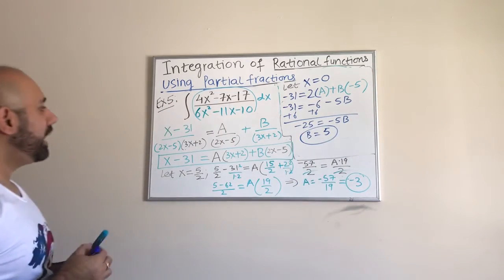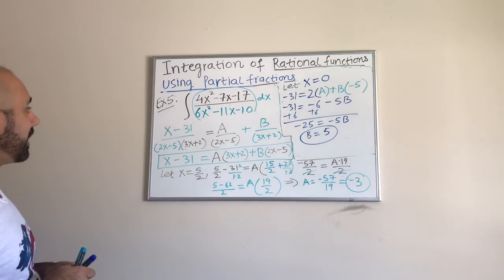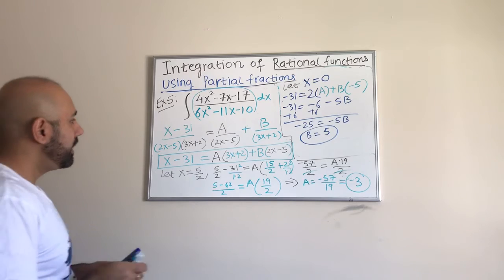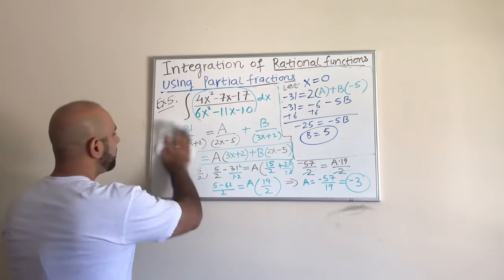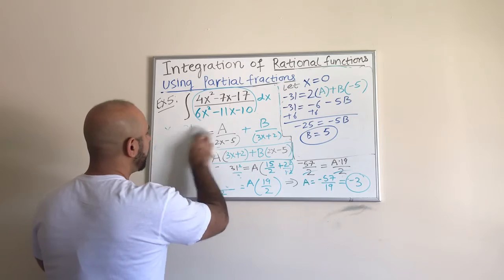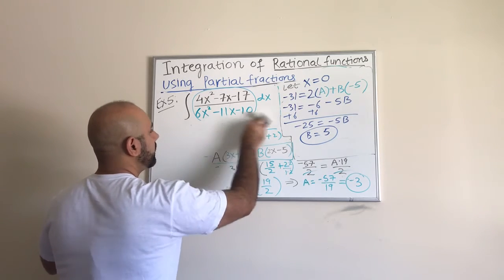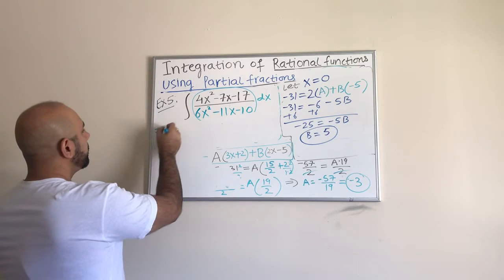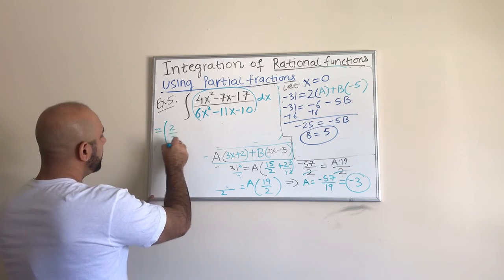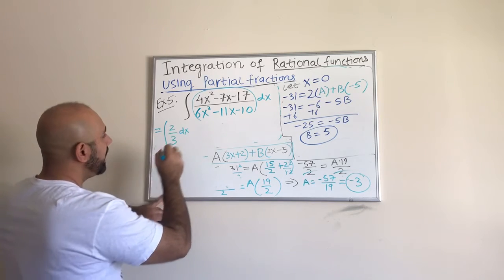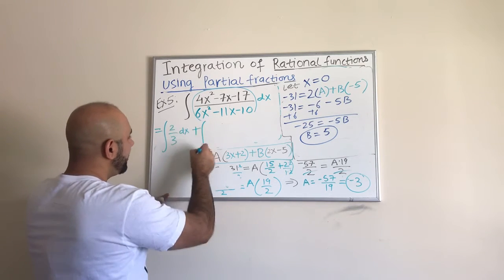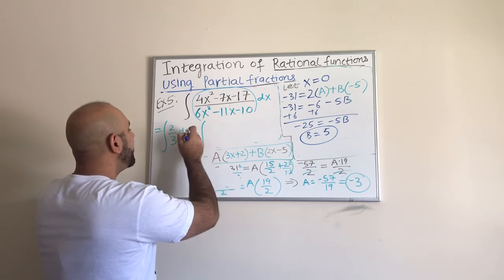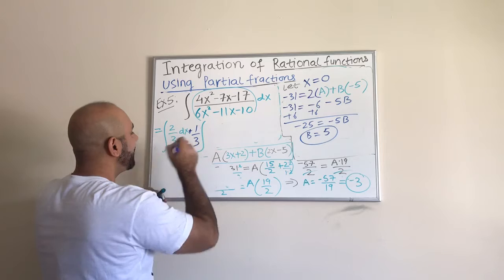Guys, I have my value for a, I have my value for b. Let us bring it all together and then try to evaluate the integral. So a and b are already known. Let us get back here. I'm going to bring in that 2/3 as well. So this is equivalent to 2/3 dx, right? Then there was a plus integral of a, and now I have the value for that a, but oh sorry, don't forget there was a 1/3 because we already took that 1/3 out.